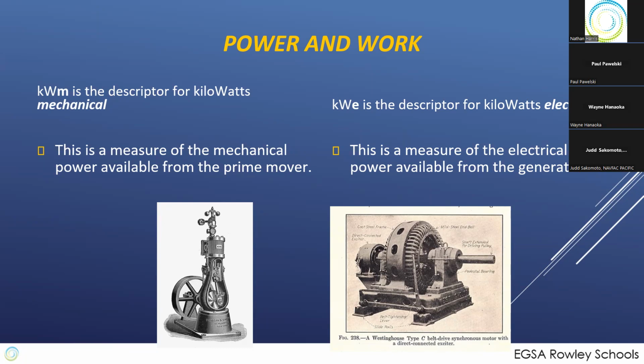Total mechanical power should have been mechanical kilowatts. So from companies such as Caterpillar and, I believe, Cummins also, you'll see MKW and EKW instead of KWM, KWE. It means the exact same thing, whether you put the M in front or behind the kilowatts.